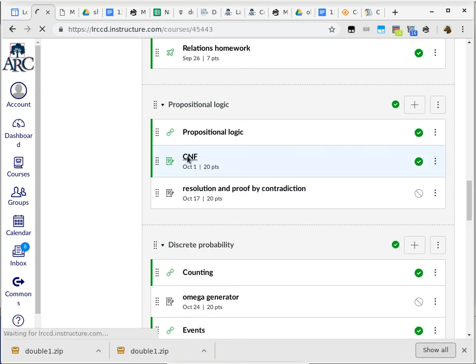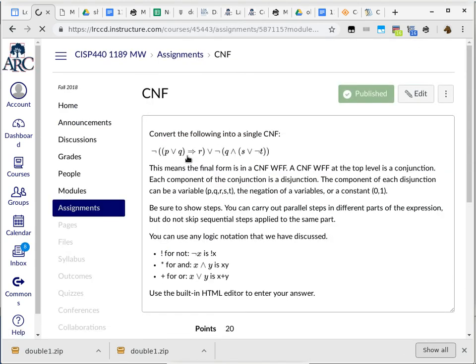Okay, so this is your CNF homework assignment. I'm just going to copy the question to the tablet, and then we'll use the tablet to explain it. So the negation of P or Q, the whole thing implies R, or negation of Q and S or not T. There we go.